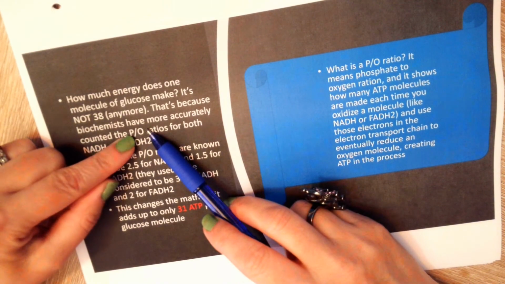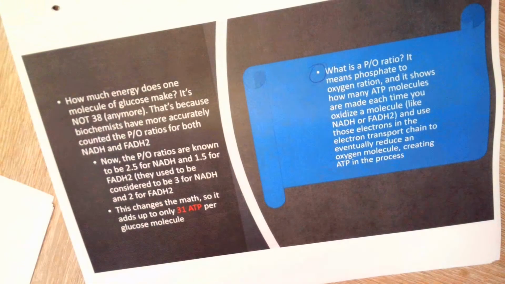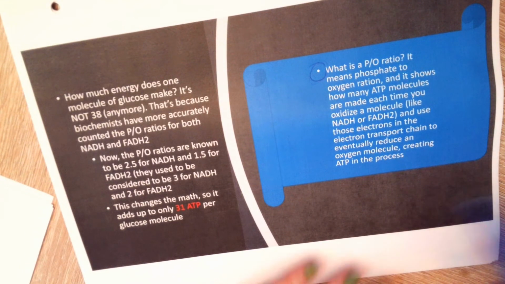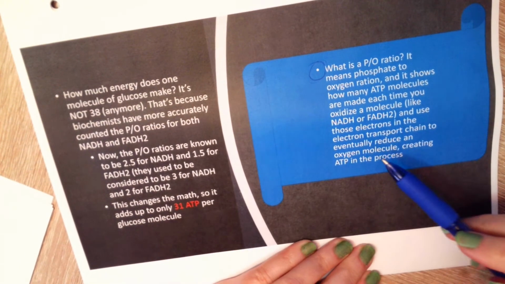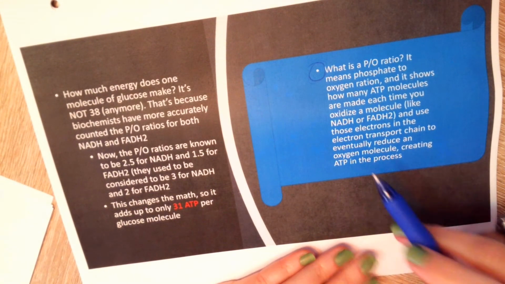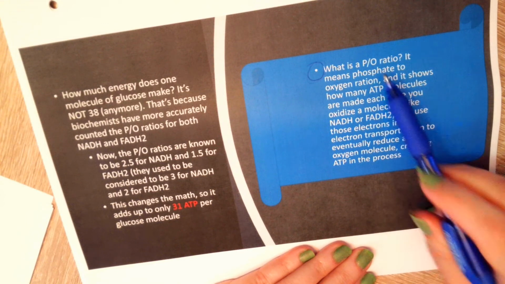Now, what is the PO ratio? It's really just talking about how much energy you're getting out of each molecule, whether we're starting the electron transport chain with NADH or with FADH2, how much actual energy are we going to get from those molecules from running them through the electron transport chain.